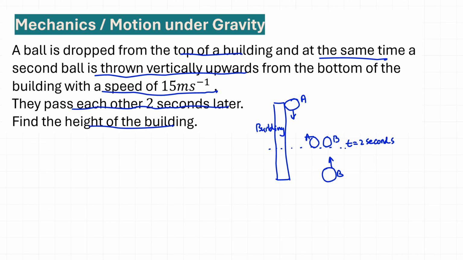So then, how do we find out the height of the building? Well, we assume that at this 2 seconds, ball A has dropped by x meters, and ball B has risen by y meters.